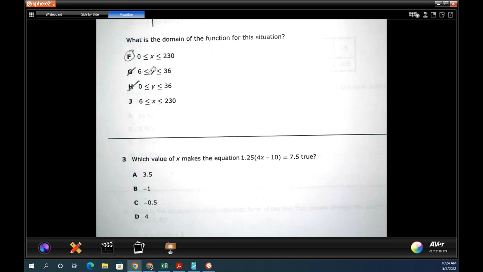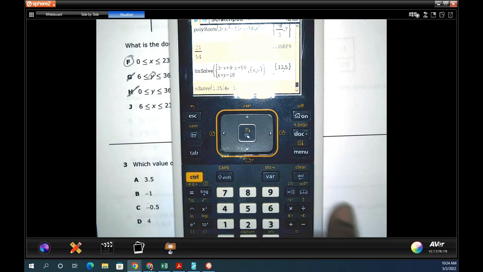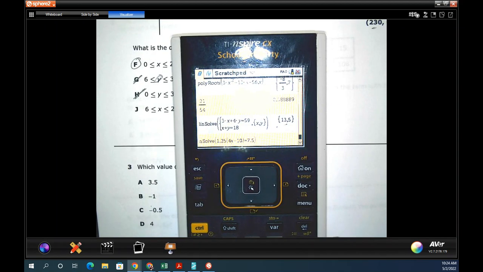1.25 parentheses 4x minus 10 close parentheses. Now, equals 7.5. Stop right there. Because when you get to this point, let me get it to where y'all can see it. You've got to remember this.